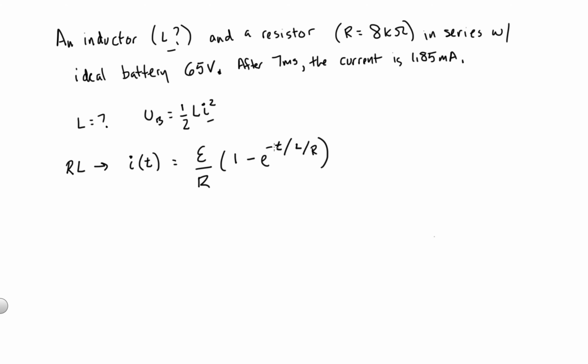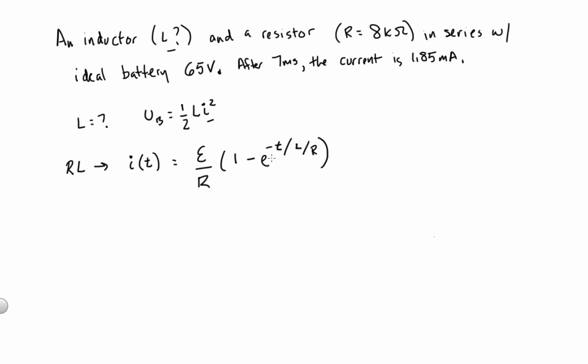So as t gets large, this term gets small, and this whole thing tends towards 1, and so our current at long periods of time is going to be constant and look like what we would expect for just a resistor connected to a battery.